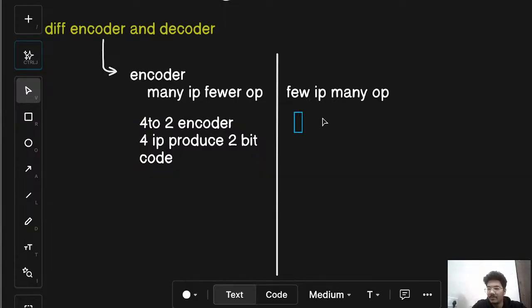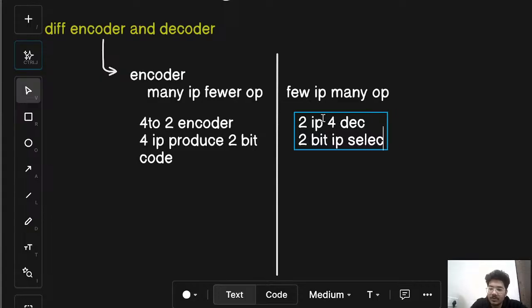For the decoder, we can see a 2 to 4 decoder, in which the 2-bit input selects one of the 4 outputs.